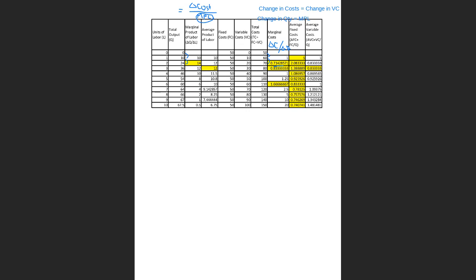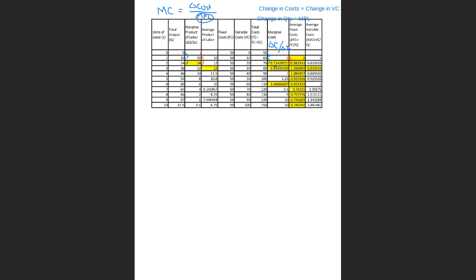And as the marginal product of labor gets smaller, this fraction gets bigger. So in other words, there's an inverse relationship between marginal cost and marginal product of labor. When marginal product of labor is going up, between the 10 and the 14, my marginal cost is going down, from the 1 to the 0.71.